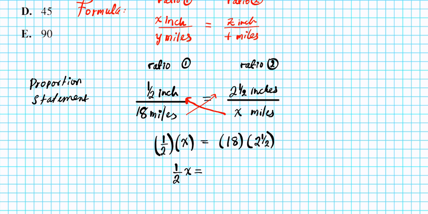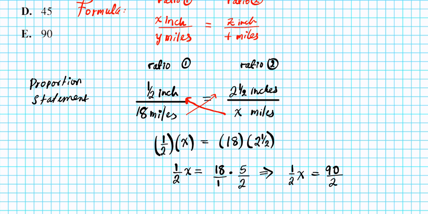Okay, now if you want to carry out operations with mixed numbers, you might want to convert it into improper fractions. To complete that, you multiply the denominator with the whole number, 2 times 2, which is 4, and then add it to the numerator, 5/2. Okay, now this equation becomes 1/2 x equals 18 times 5, 90 divided by 2.